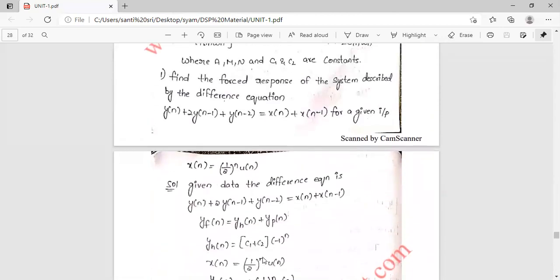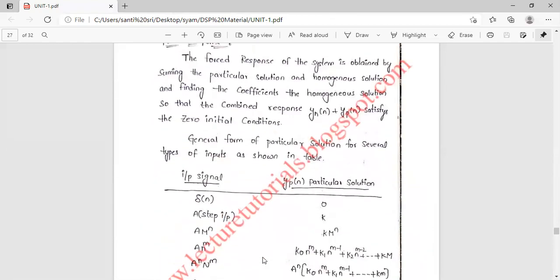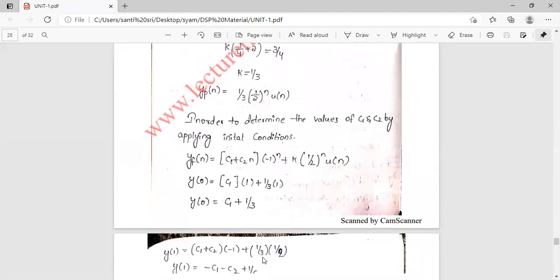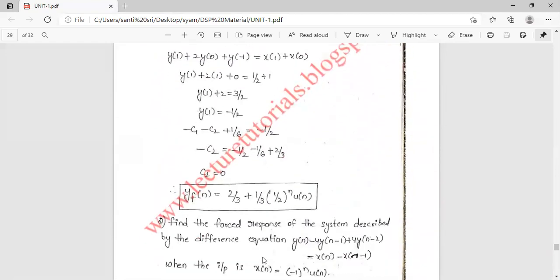We are writing this forced response solution as a combination of the particular solution and homogeneous solution, and finding the coefficients of the homogeneous solution. After that we will apply the initial conditions, zero initial conditions. So finally we will get the forced response as yf of n is equal to 2 by 3 plus 1/3 into (1/2)^n into u of n.